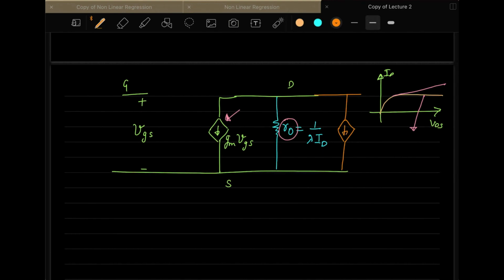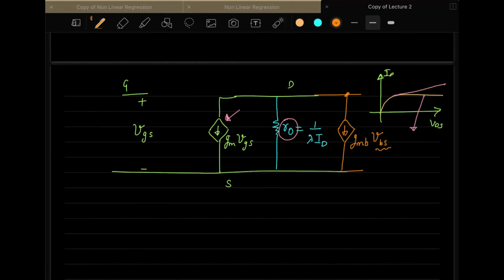This current source has the value GMB VBS. I will tell you why we are writing that. That means the current which is coming from drain to source is controlled by VBS also.